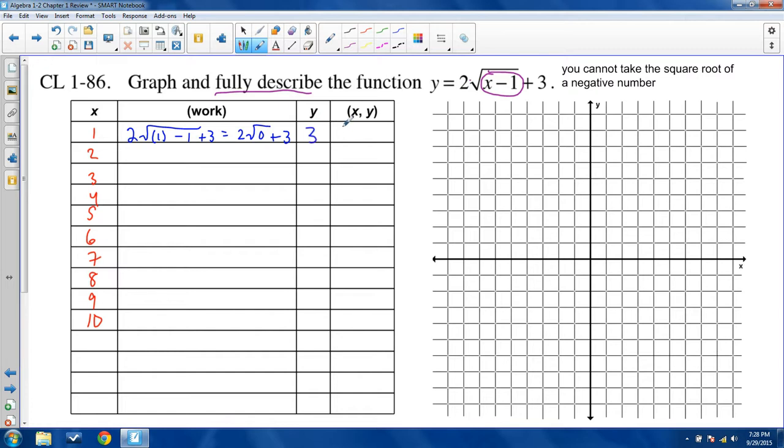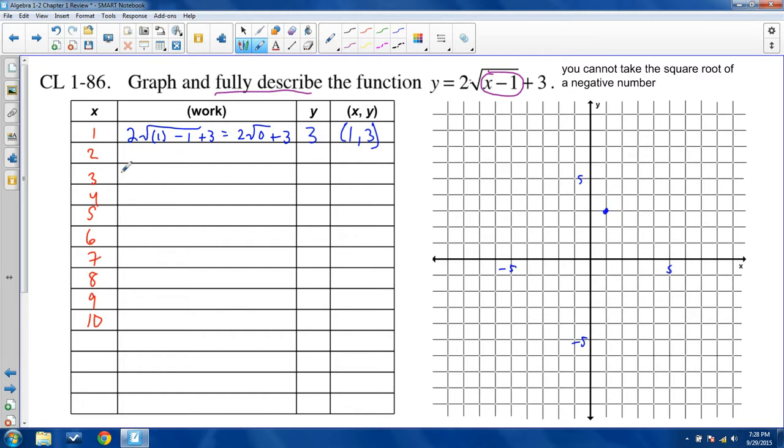So your coordinate pair ends up being 1, 3. And I can plot that point. If I have this scaled so that this is 5 units up, this is negative 5 units away right there. The point 1, 3 is right there.